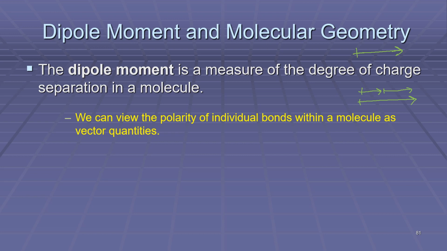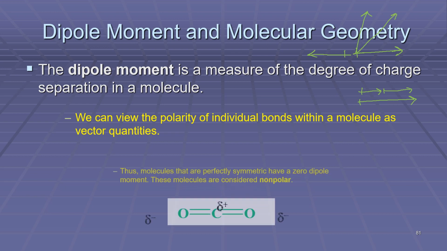But if they go opposite each other, they cancel each other out. If they have the same magnitude but different directions, or if they go in different directions, then the sum of them will be kind of in the middle. So anyway, that's what a vector is.